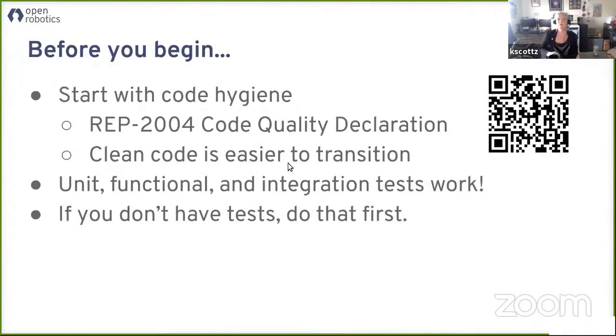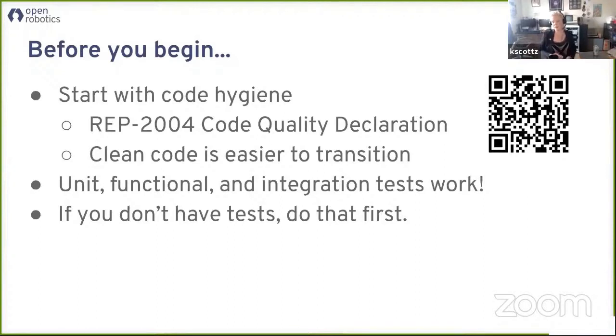So before you begin your transition, the thing that I think is most important to think about is just general code hygiene and code quality. In ROS2, we have REP 2004, which is the code quality declaration, which says, hey, please list out these aspects of quality and where you are with respect to benchmarks that we've set.